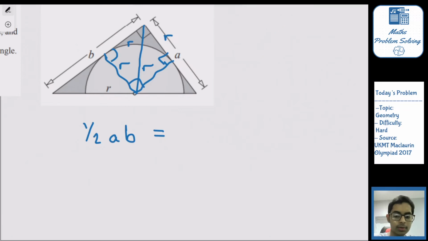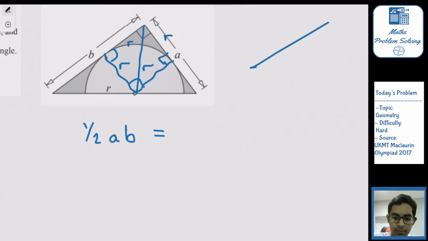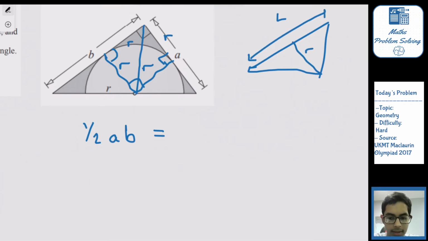Okay, that is far too steep. If we just draw that here, we don't know if this is a right angle, so I'm not going to label that. But this is r and this is b. So that left triangle can be expressed as r times b divided by 2, so half rb.